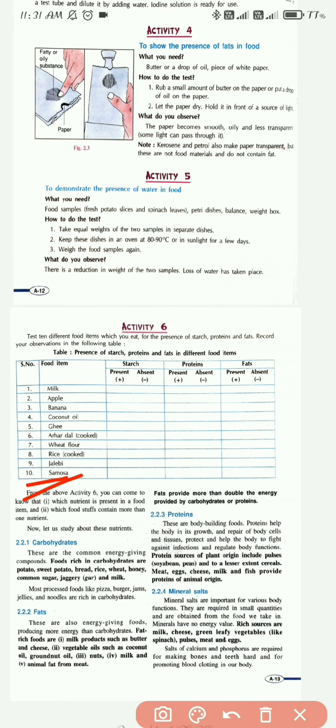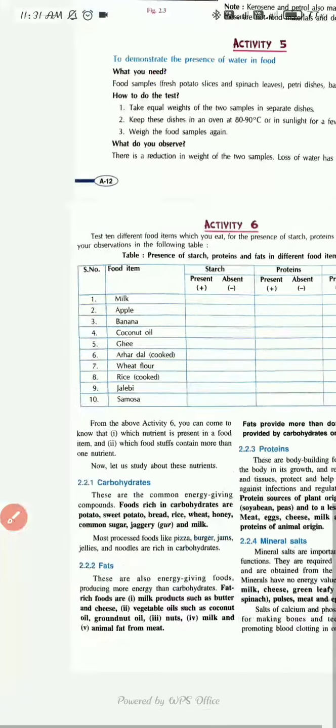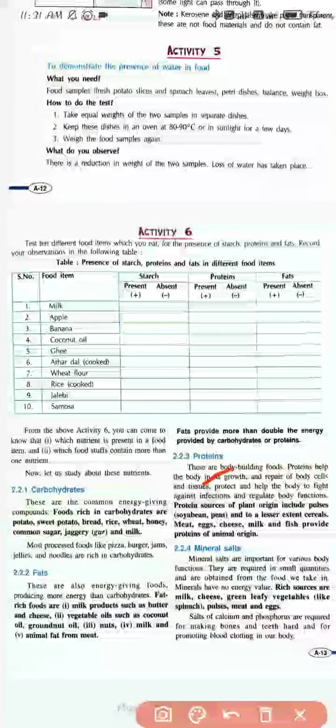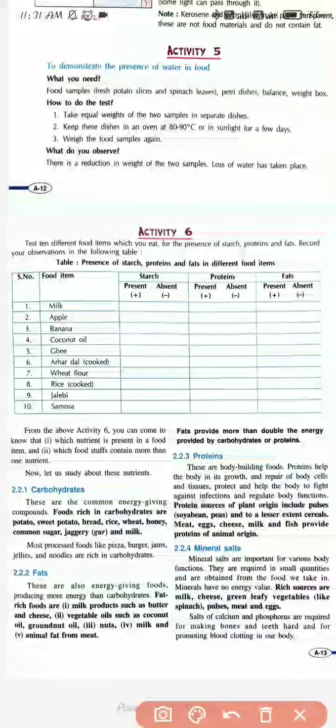Next, from the above activity 6, you can come to know which nutrient is present in a food and which foodstuffs contain more than one nutrient.